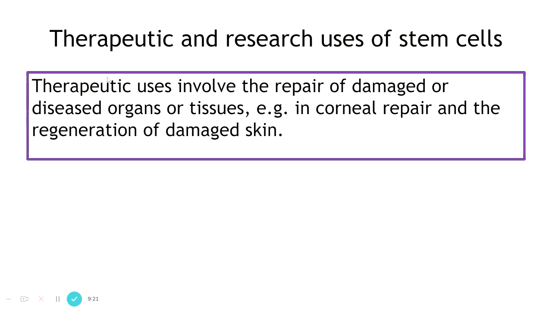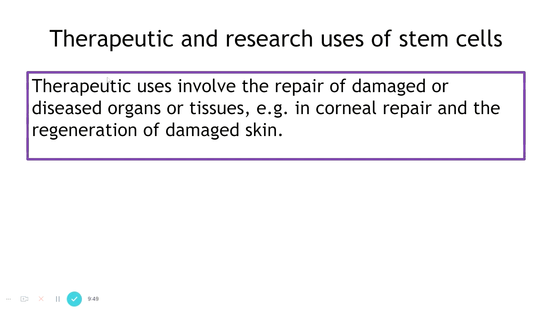In terms of a therapeutic use, it could be involved in the repair of damaged or diseased organs, for example, in corneal repair, or for the regeneration of damaged skin. So you would want to explore a bit more around that idea of helping to cure a disease.